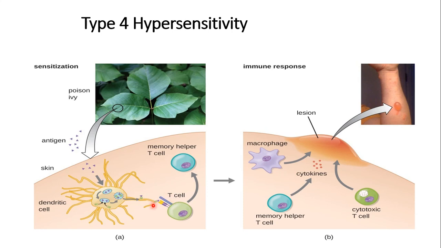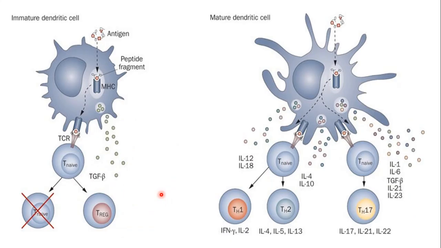Thus, they could differentiate into different T helper subtypes depending on the certain cytokines produced in the environment. So in type 4 hypersensitivity reaction, the differentiation is usually skewed towards the T helper 1 subset of CD4 cells.